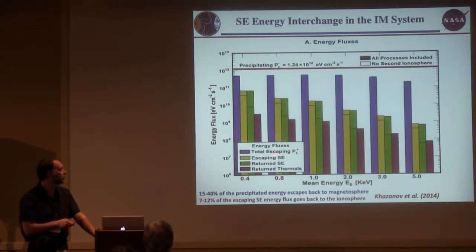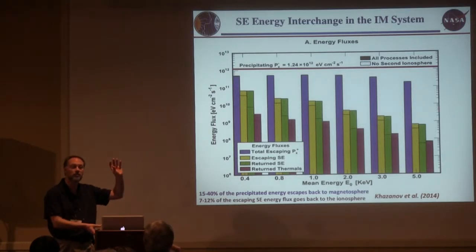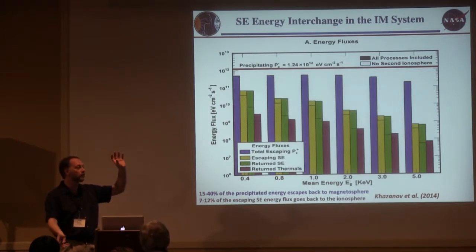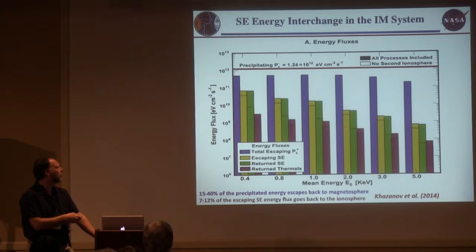This is again looking at that total escaping photoelectron and now doing it on a closed field line. George did simulations across an entire closed field line going all the way out into the plasma sheet and back around. And how much of those photoelectrons return.